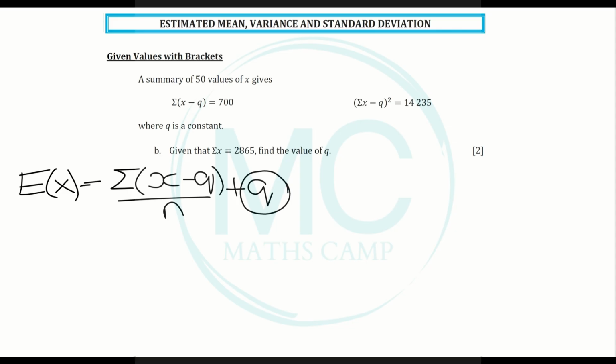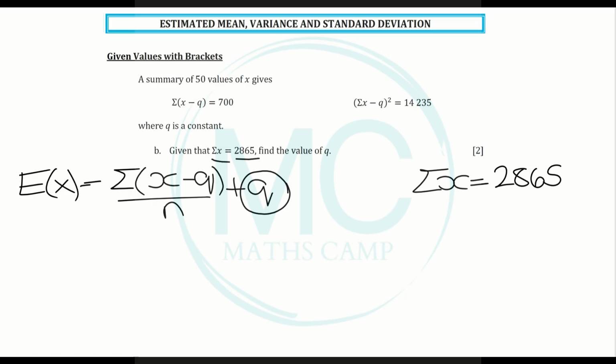The only other information that we can work with is that sigma x is equal to 2,865. But sigma x is the total number of x values multiplied by their respective frequencies. This is not a value for the mean.